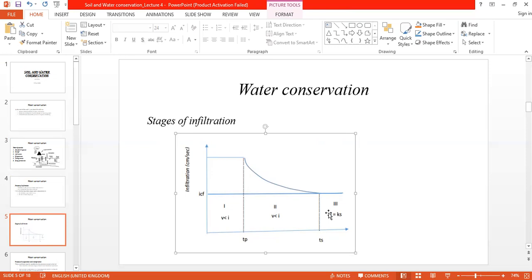But because we've reached saturated hydraulic conductivity, all the pores are filled up, so any extra water that is infiltrating into the soil is going deep beyond the roots. So when you reach stage 3, you're losing water via runoff and deep drainage.